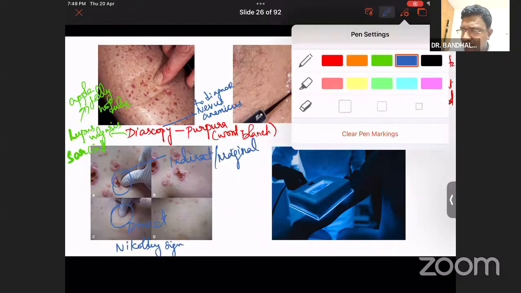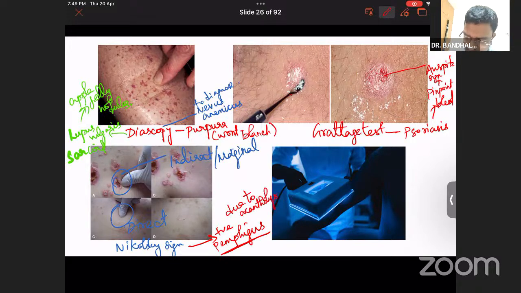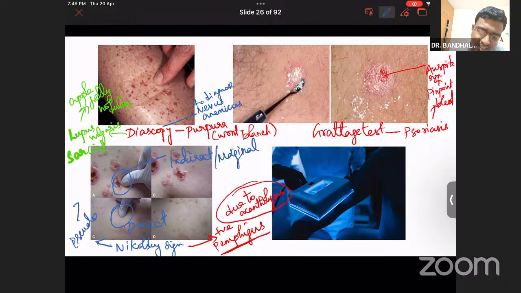It is positive in the pemphigus group of disorders. Pemphigus vulgaris, foliaceus, all pemphigus, you should remember, due to acantholysis. That point you also have to remember. And an extra point is pseudo Nikolsky is due to cell death, which is seen in SJS-TEN. That you should remember.